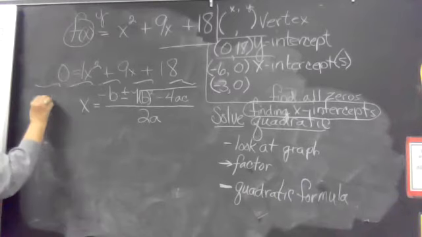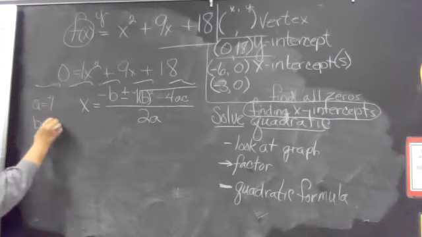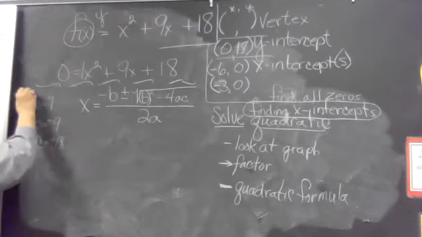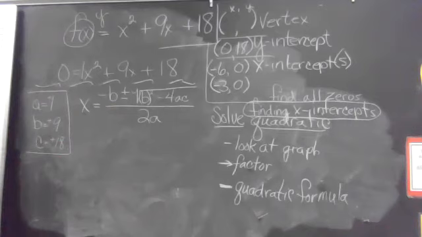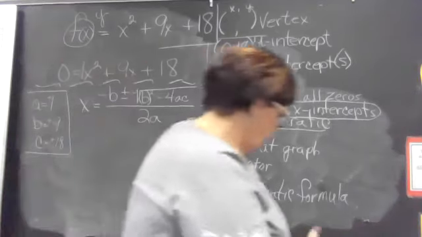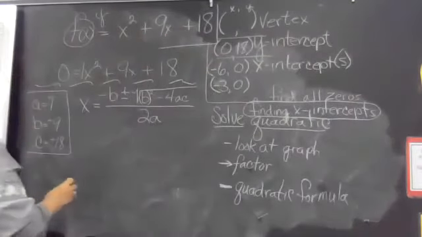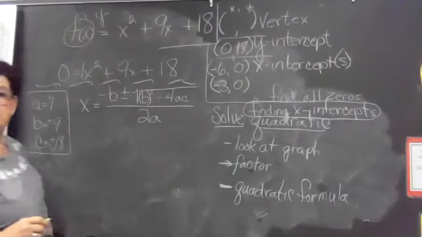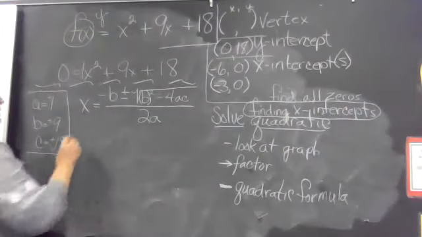It's a positive. Let's make sure and put our signs so you recognize the negatives when they come, okay? And C will be a positive 18. These are the numbers that we're going to use to solve this quadratic formula. Let me get a different color, it'll help. Hopefully. Are you guys still okay? Yes, ma'am. Right.